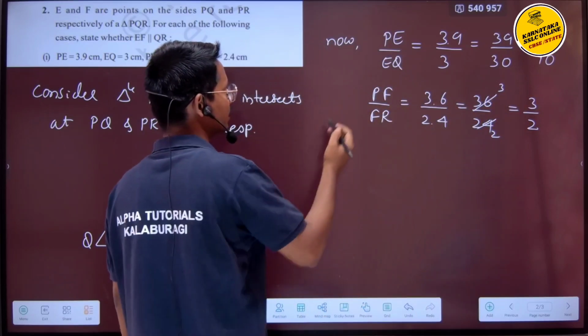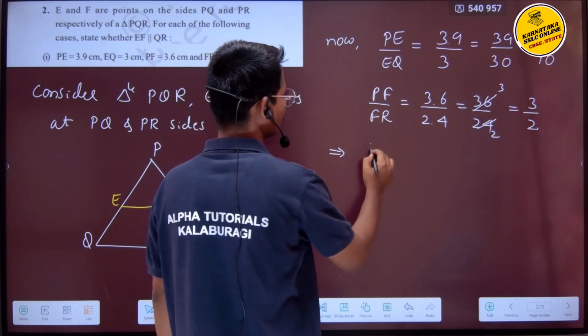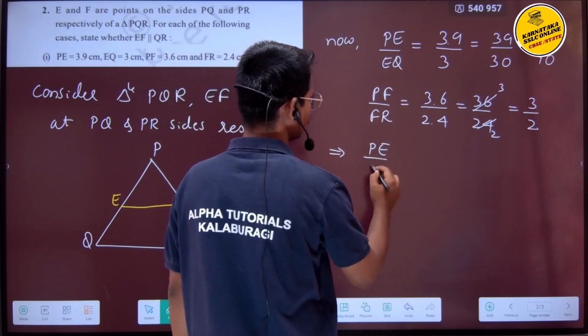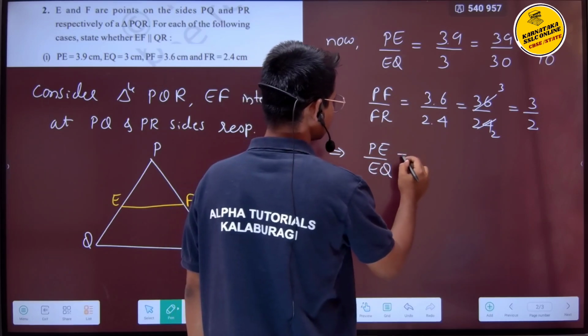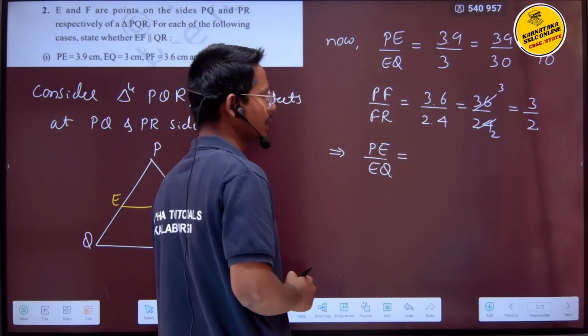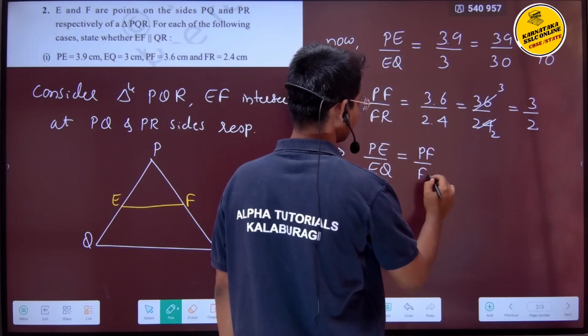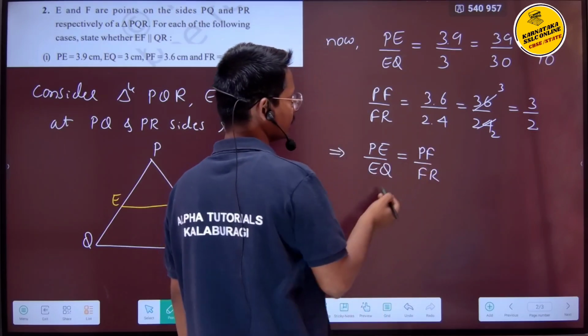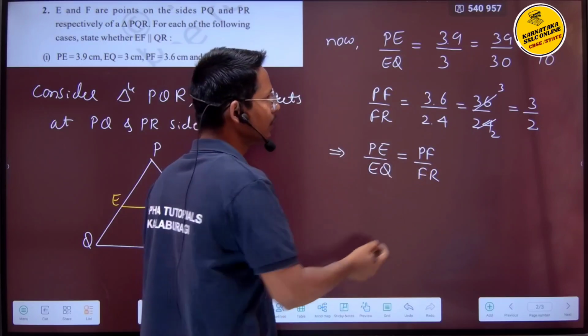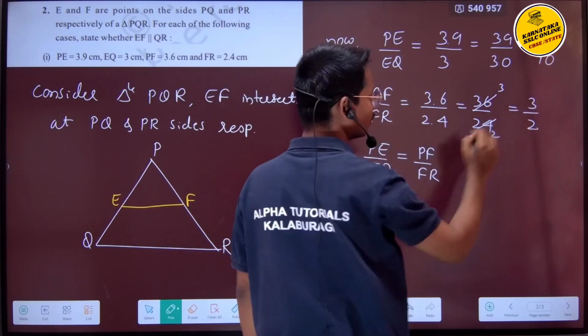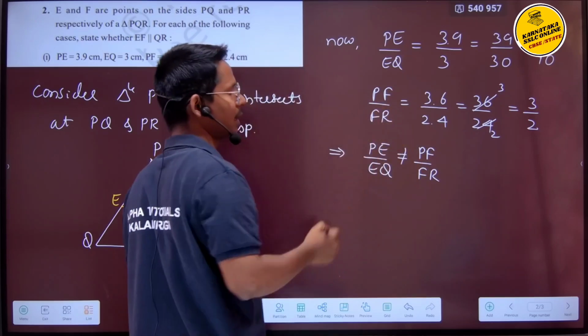Now we can observe the ratios at the intersecting points, PE by EQ and PF by FR. Are they equal? We can see 13 by 10 is not equal to 3 by 2, so they are not equal.